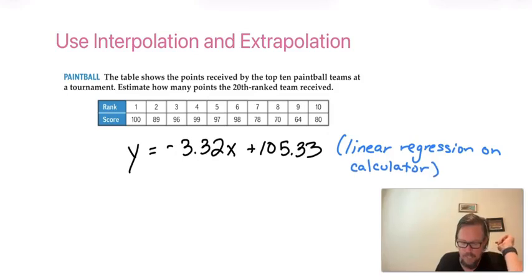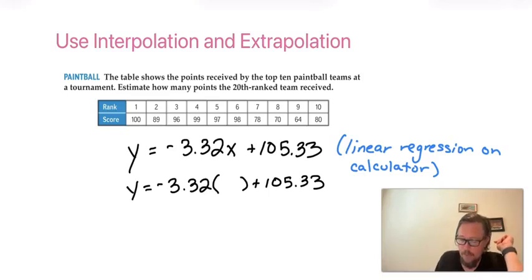And then for the 20th ranked team, I would just take this linear regression equation and replace the x with 20. When I scrolled down to 20 in the table, that's what we were doing. The calculator was doing the math for us, but scrolling down to x equals 20, that's what it was.